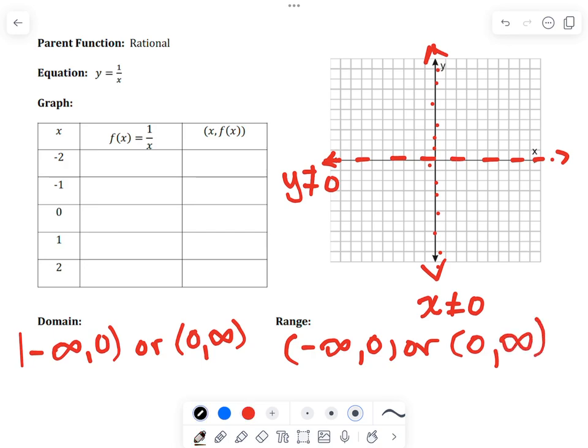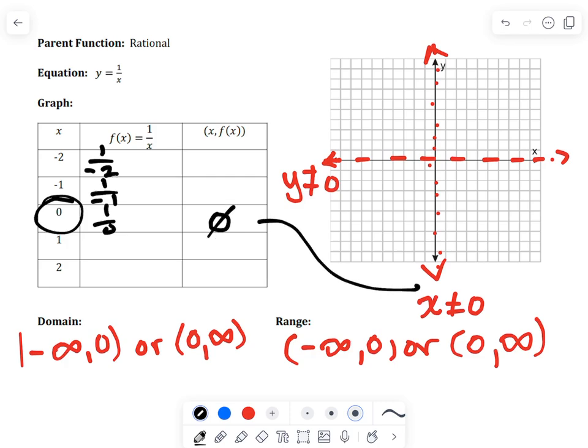Here is why. I substitute all these numbers in here. Right here, this number makes it undefined. You cannot put a 0 in the denominator of a fraction, so we call this undefined. That makes this asymptote right there.